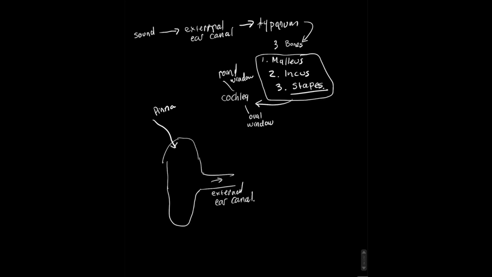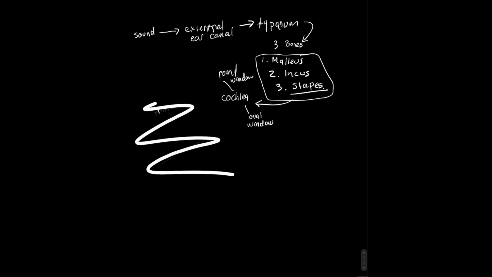The pinna helps us perceive the direction of sound. If we lose this, say a boxer has his ear broken or it gets cut off somehow, people lose the ability to determine which direction sound is coming from. Is it coming from behind them, in front of them? It's a really important part right there.